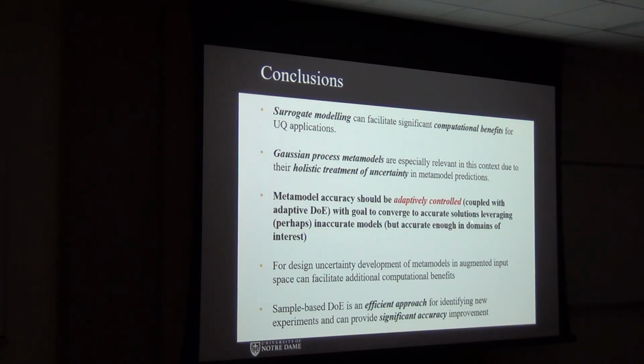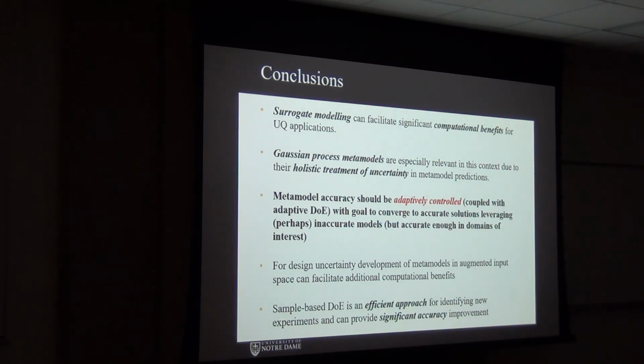And this is the important outcome from this study: we really should try to adaptively control the meta model accuracy, especially coupled with an adaptive DOE, with the ultimate goal to converge to accurate solutions, leveraging perhaps inaccurate meta models in the process. Of course, at the end, they have to be accurate enough in your domains of interest, but you can adaptively control them. For design understanding problems, looking at the augmented input space is especially relevant.